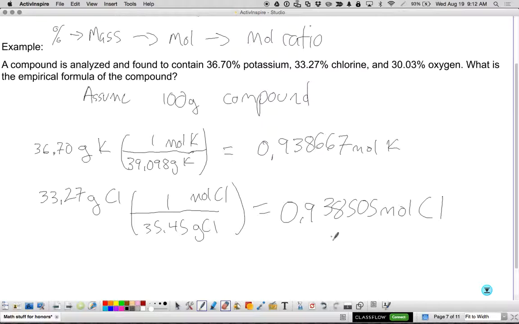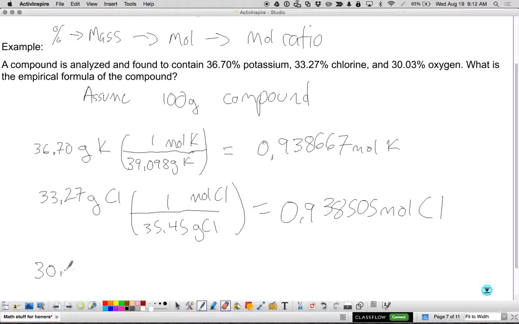Now you can see that those are roughly 1-to-1, but it's not exact, right? Your numbers are never going to be exact because this is data from experiments, and experiments aren't perfect. So you just have to be aware that you're going to get some weird numbers.